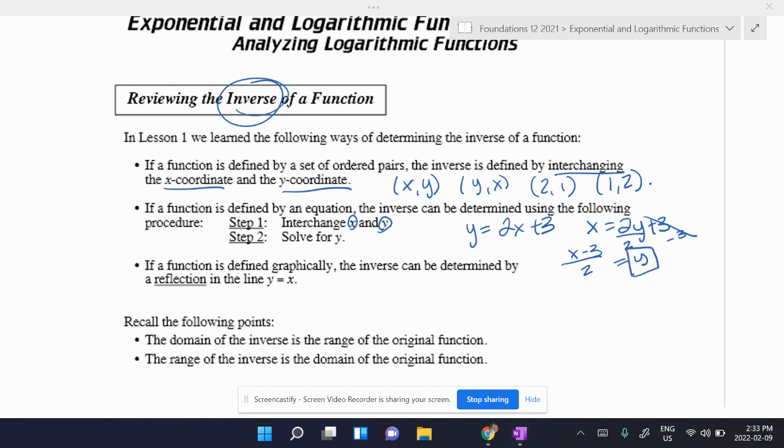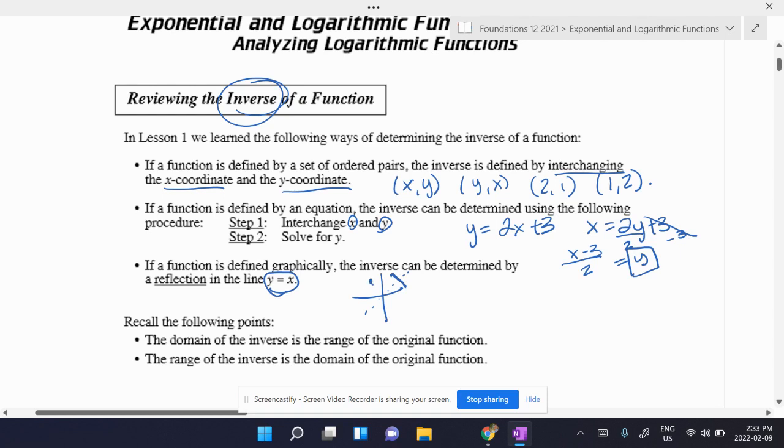Okay? The function is defined graphically by using the reflection line of y is equal to x. So that's on your graph. There's this y is equal to x right there. So if there's a point here, the point would go over that line.